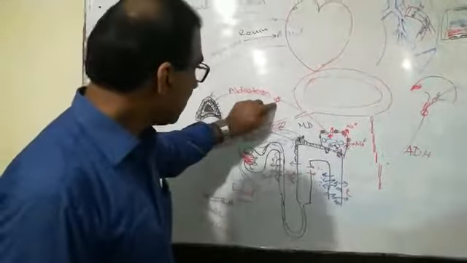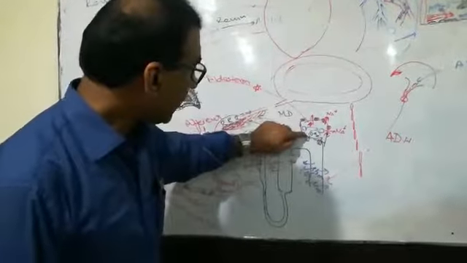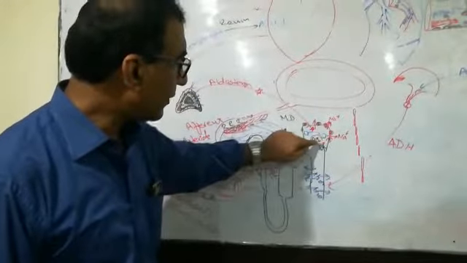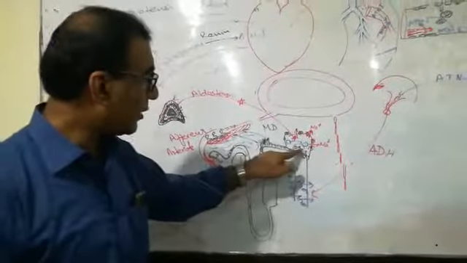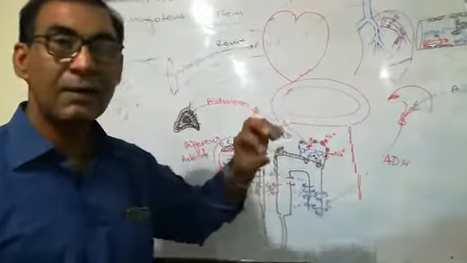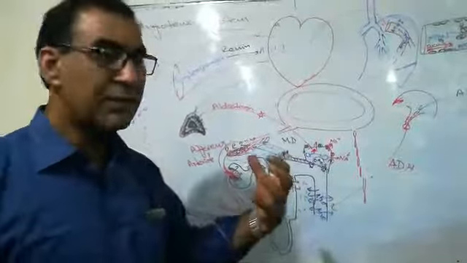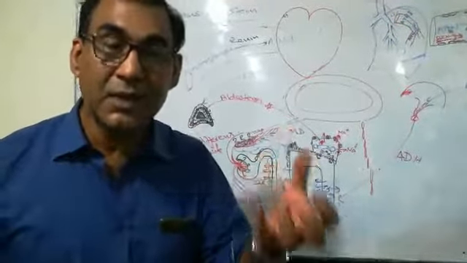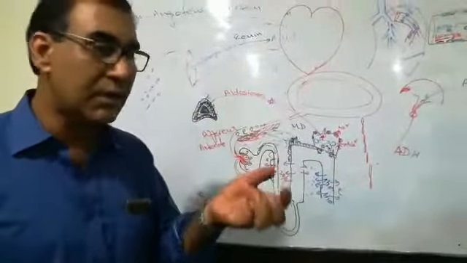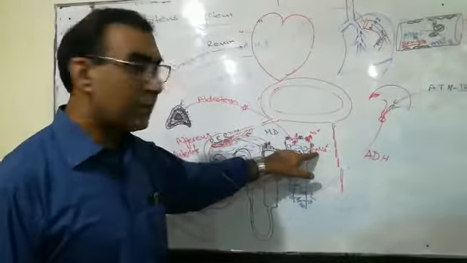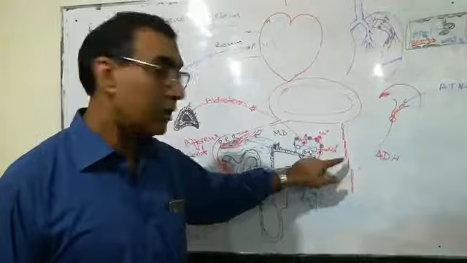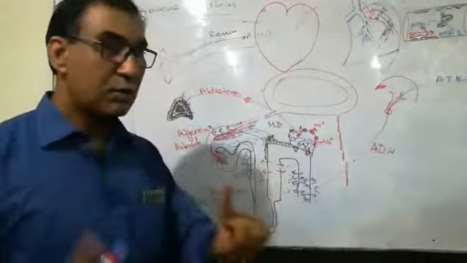Suppose this is aldosterone. It gets into these cells and activates an enzyme. That enzyme gets into what? Into the nucleus, and there it activates certain genes, and those genes produce the enzymes which activate the sodium pumps, and sodium comes out. Now we come to the point.